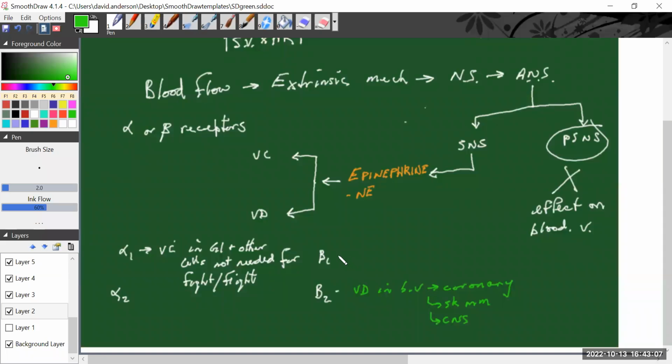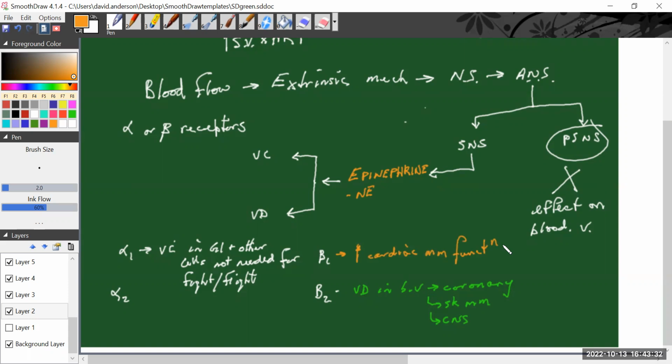The beta 1s, when epinephrine targets beta 1, it increases cardiac muscle function is the primary result of that. So think of fight or flight. We want to increase heart rate and strength of contraction.